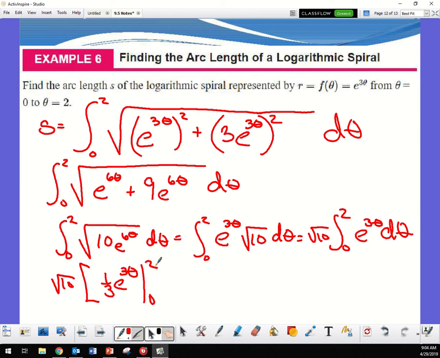The top bound would be e to the 6. So let's put it all together: rad 10 over 3 e to the 6 minus rad 10 over 3 times e to the 0.